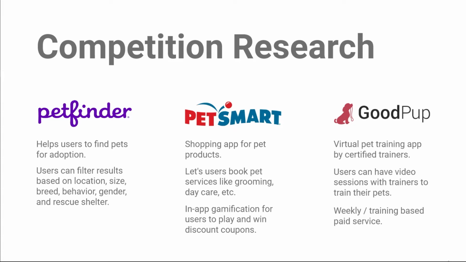Another app is called Pet Smart. This is a shopping app for pet products. Another app is Good Pup. It is a virtual pet training app provided by certified trainers. Users can have video sessions with trainers to train their pets. The downside of this app is that it's a paid service which has weekly or training based video sessions.